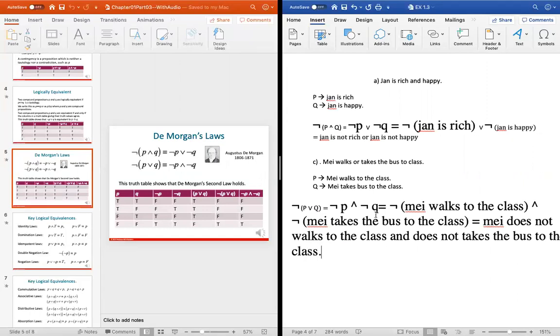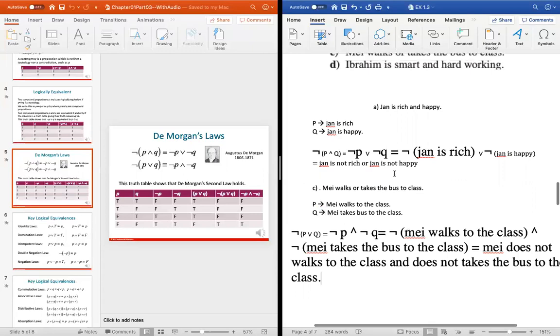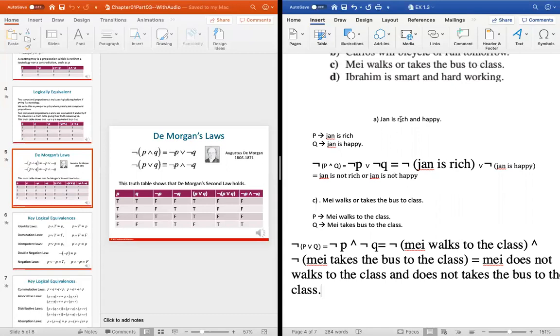Okay, so using De Morgan's law here, we proved the negation of these statements using propositional logic.